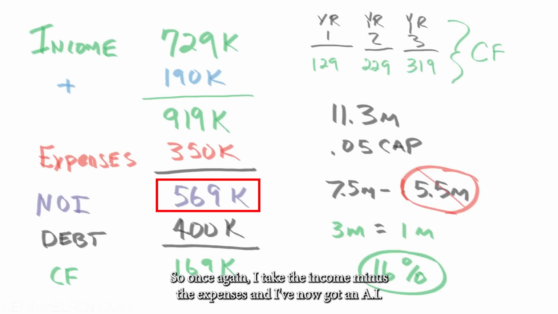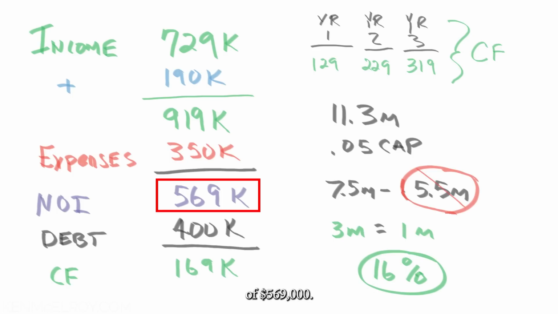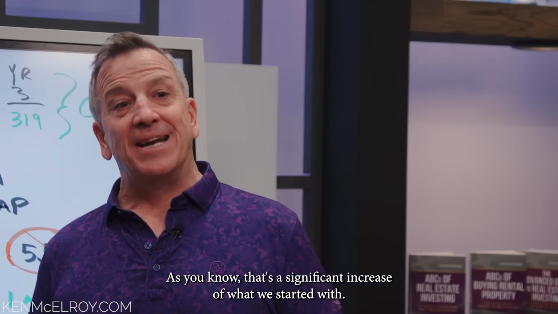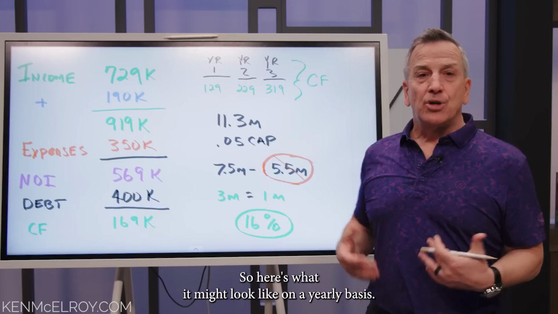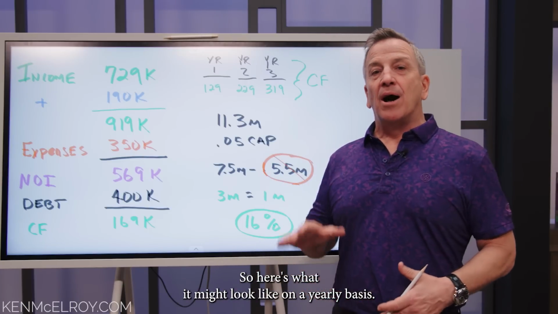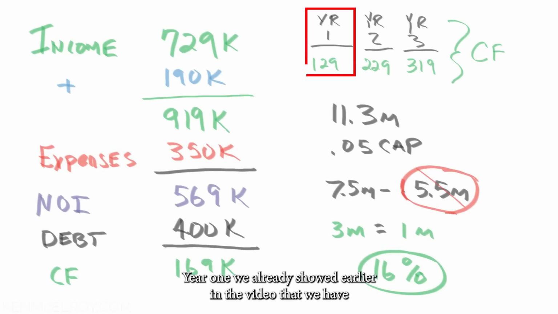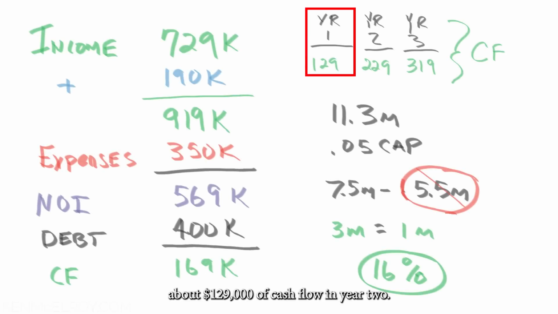So once again, I take the income minus the expenses, and I've now got an NOI of $569,000. As you know, that's a significant increase over what we started with. So here's what it might look like on a yearly basis. Year 1, we already showed earlier in the video that we have about $129,000 of cash flow.